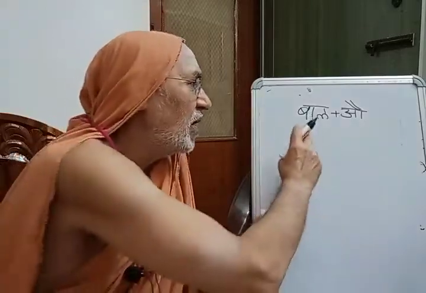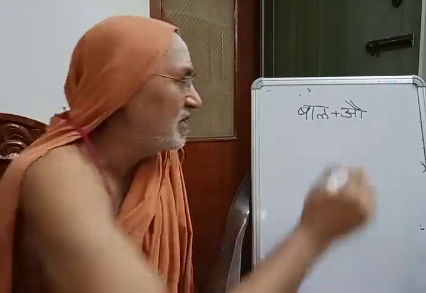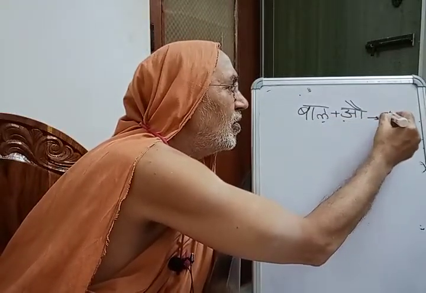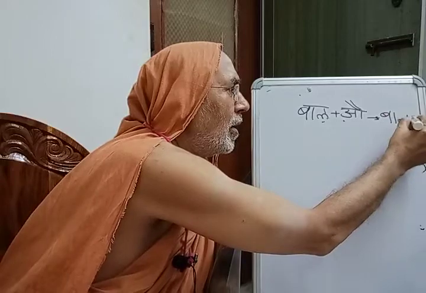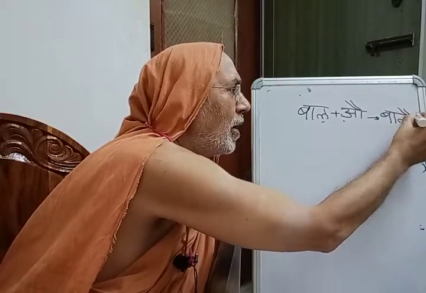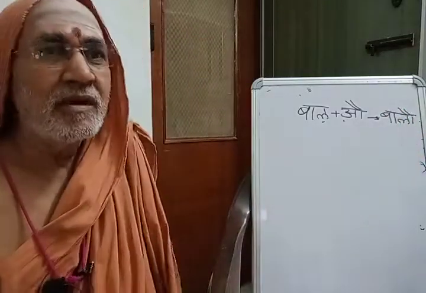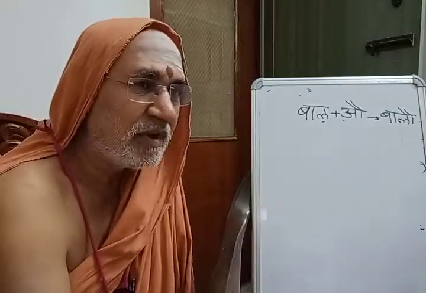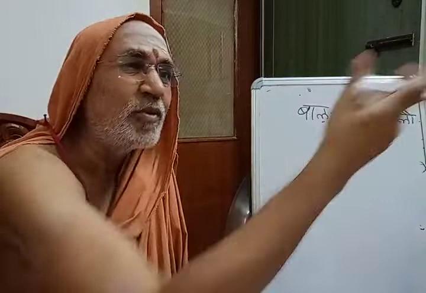It becomes easy. Bala plus Au, what happens? According to Vriddhi Sandhi, A and Au becomes Balau. Rama Lakshmanau, have you ever heard? Ramaha plus Lakshmana. When you combine them together, Rama Lakshmanau.